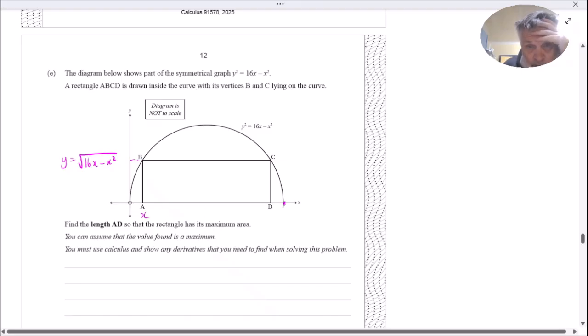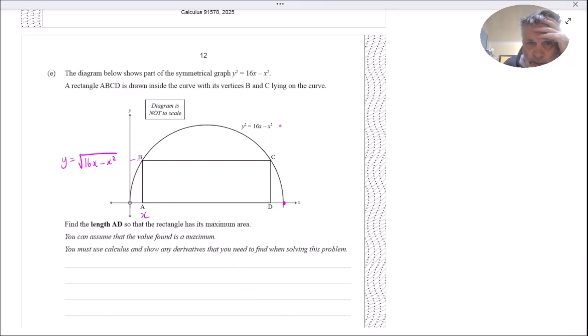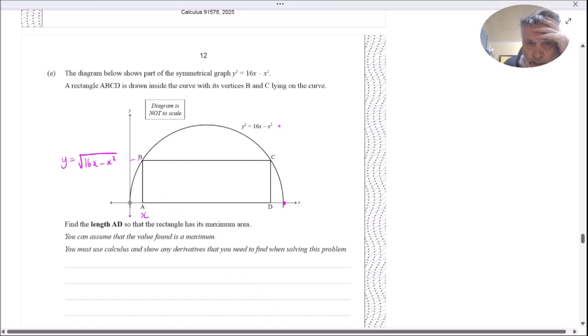This point here is going to be when x equals 16. So we can factorize here to say this is x times 16 minus x, and we can see that the zeros are at 0 over here and 16. So the coordinate of D is going to be 16 minus x.